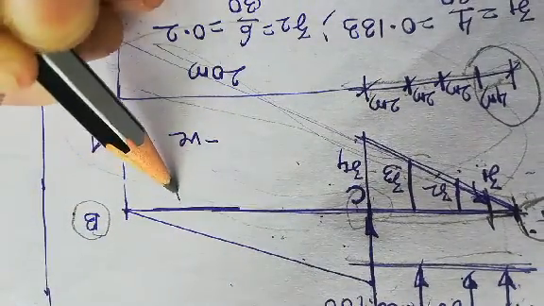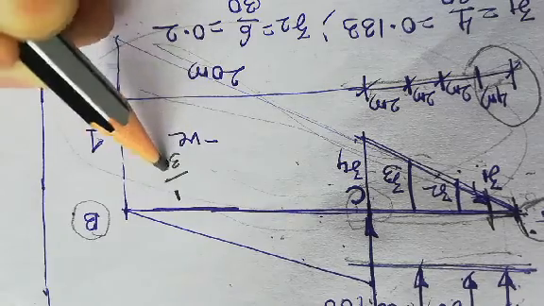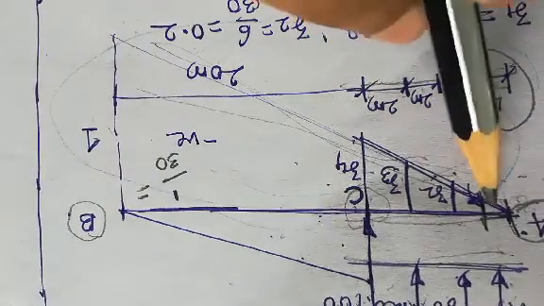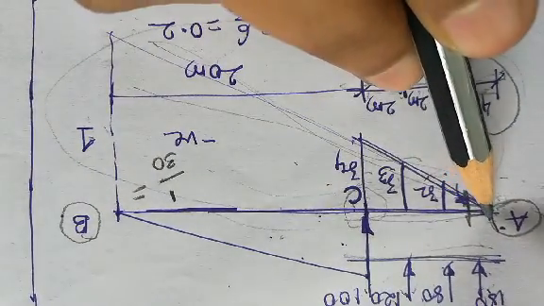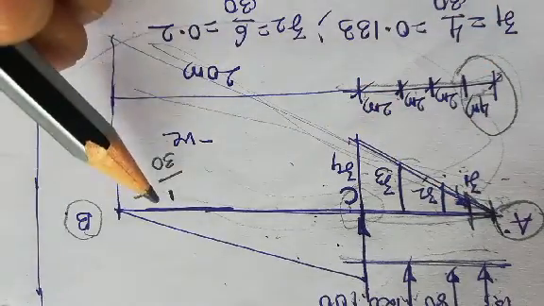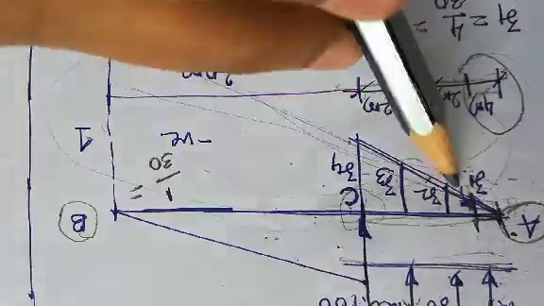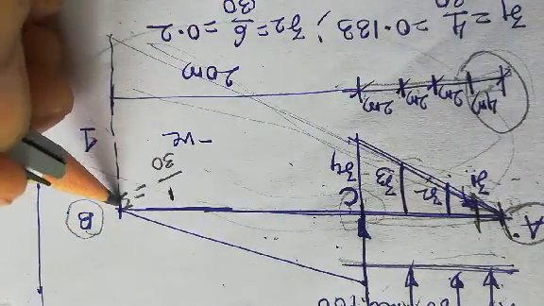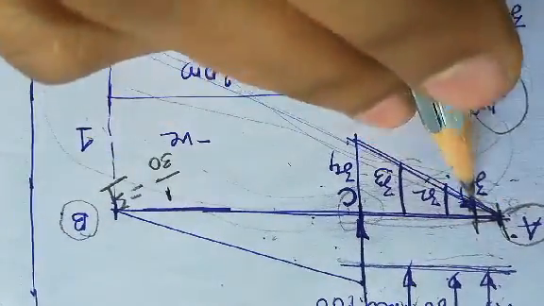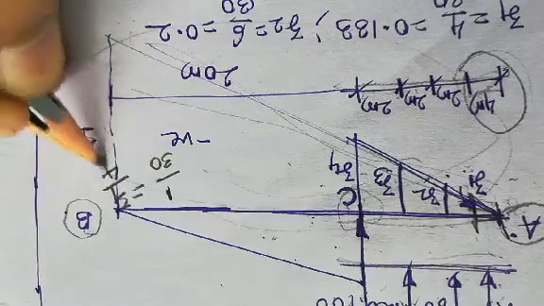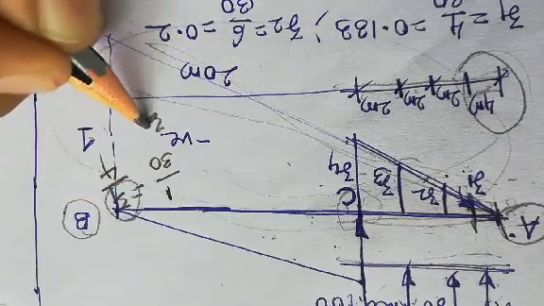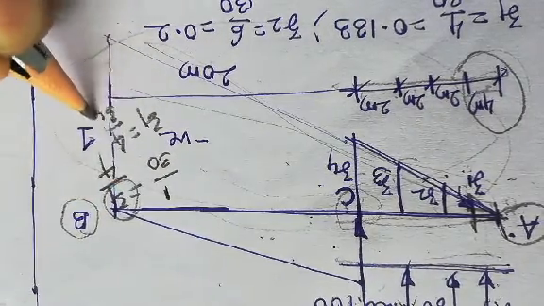Now here you have 1 divided by 30 for the larger triangle. If I consider this smaller triangle, that is base divided by its height. Since 1 is the height over here, what is the height for this smaller triangle? Z1. And what is the base for this smaller triangle? It is 4. That's why Z1 is equal to 4 divided by 30.